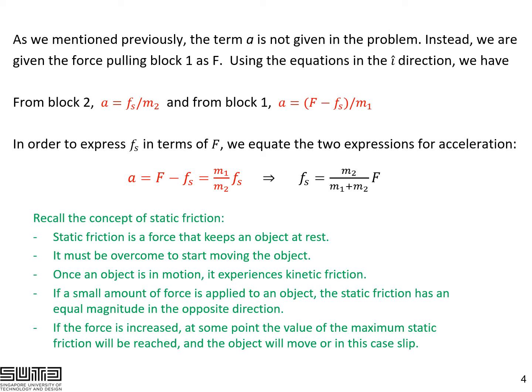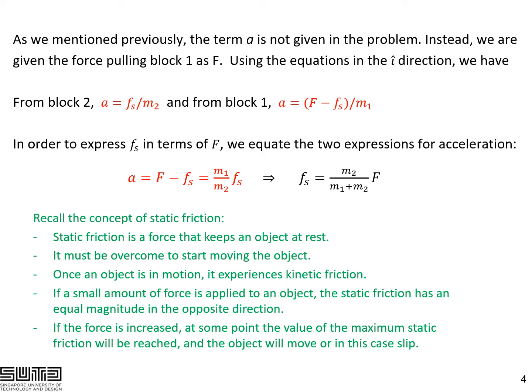We proceed to equate both these terms for acceleration, and this allows us to express the frictional force F of s in terms of the masses of the two blocks and the applied force capital F.